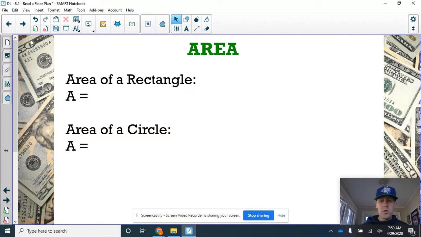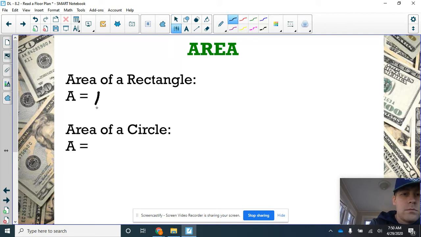The only questions we're going to do today involve the area of a rectangle and the area of a circle. As a quick recap, to find the area of a rectangle, you could write base times height, or a lot of times we'll just say length times width. For the area of a circle, area is going to equal pi times radius squared.